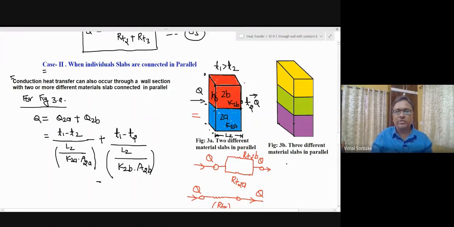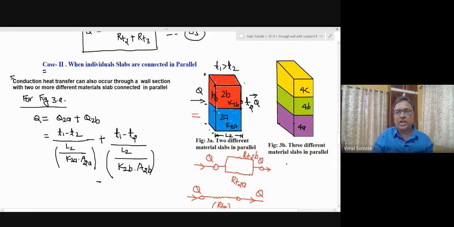So in figure 3B, again one such wall is given, and it is made up of, let's say, materials 4A, 4B, and 4C.